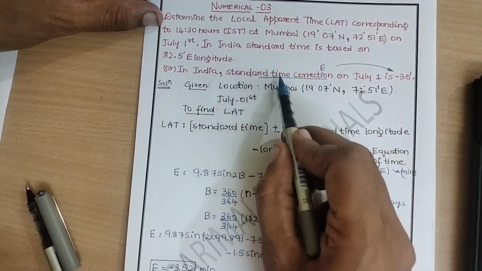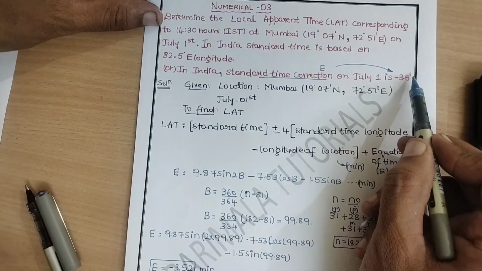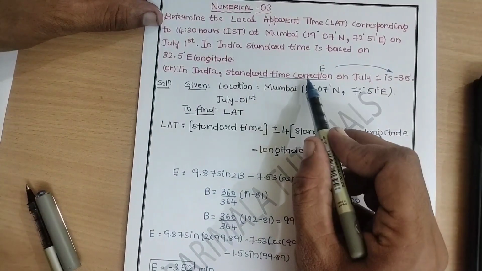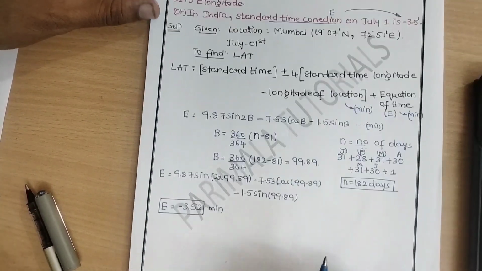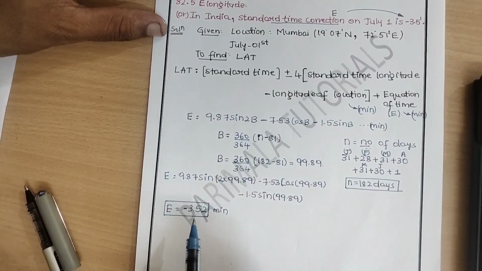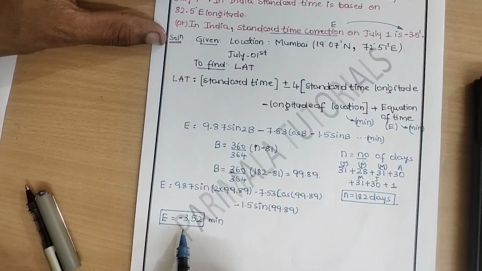If they have given this data, directly take E equal to minus 3.5 minutes. Else, if they have not given this data, with the help of this step we are supposed to calculate the value of E. Here is the proof. The given value is minus 3.5. What we have calculated is also minus 3.5 minutes.